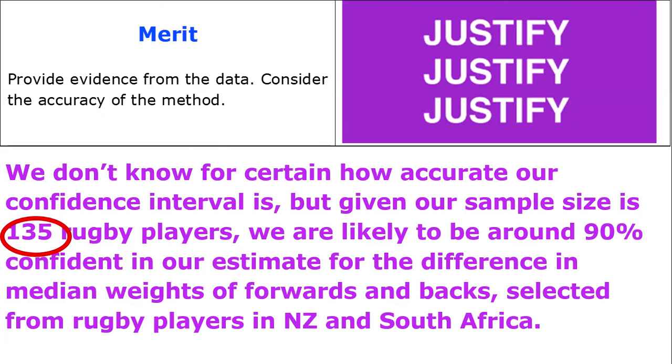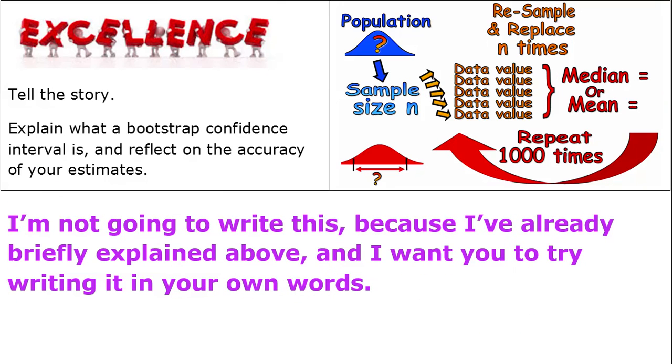So from a sample size of 135, we're likely to be around about 90% confident in our estimate for the difference in median weights of forwards and backs selected from rugby players in New Zealand and South Africa. So this is the evidence about our accuracy.